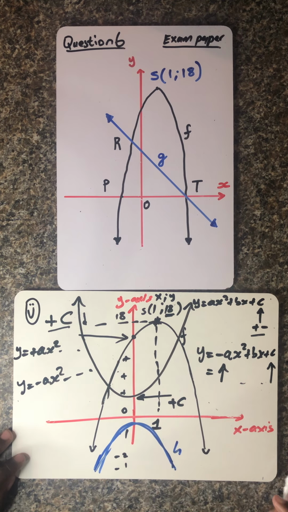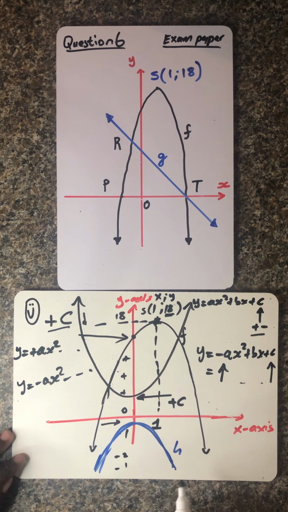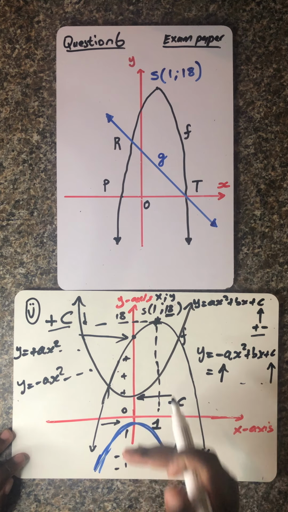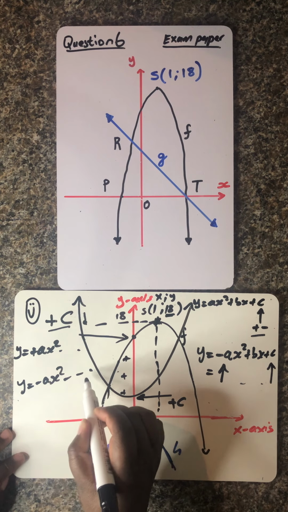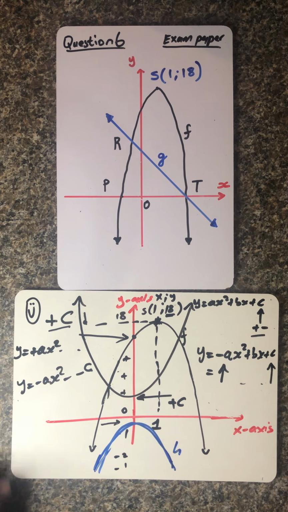The y value, as you can see, cuts or touches the y-axis on the negative side of the y-axis. So that means the c should be a negative c. Very, very important.